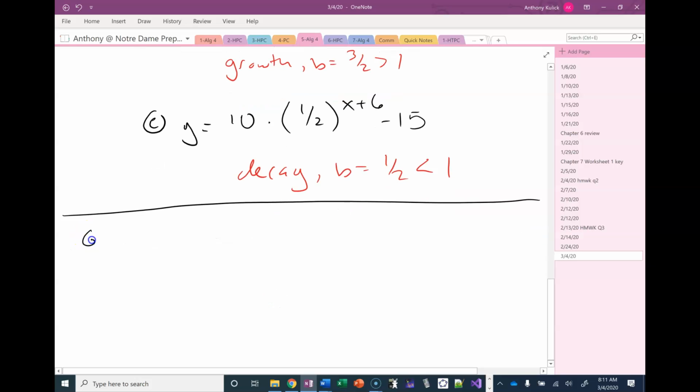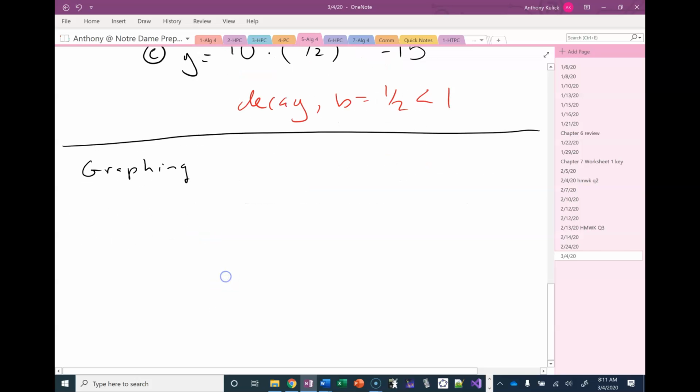Let's now talk about graphing. So to graph an exponential function, we're going to do three things. So the first thing we'll do is make ourselves a 5-point XY table.